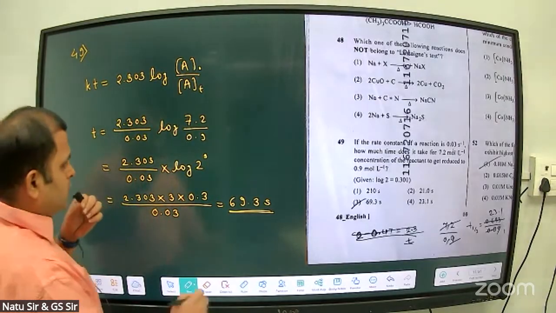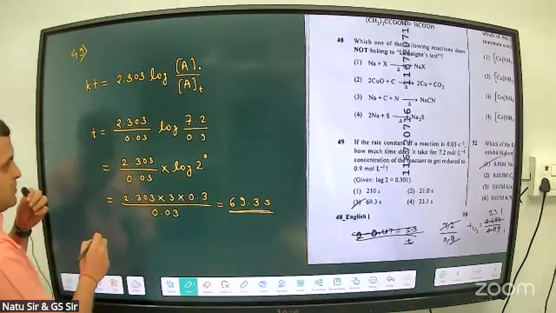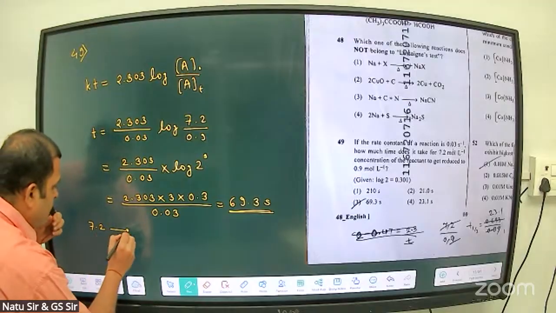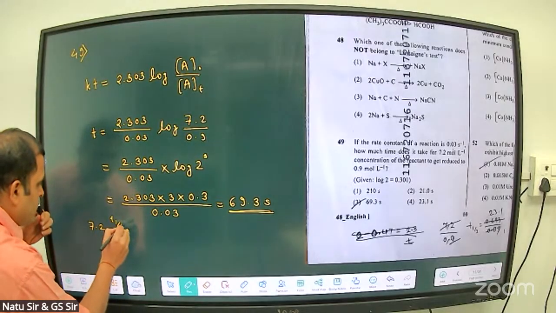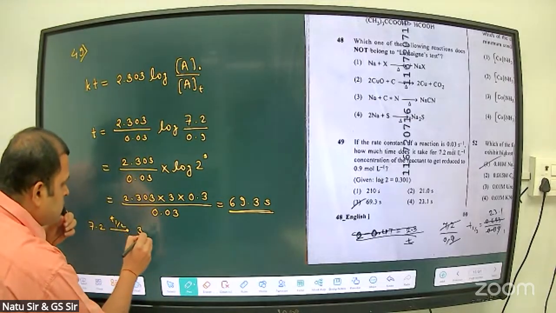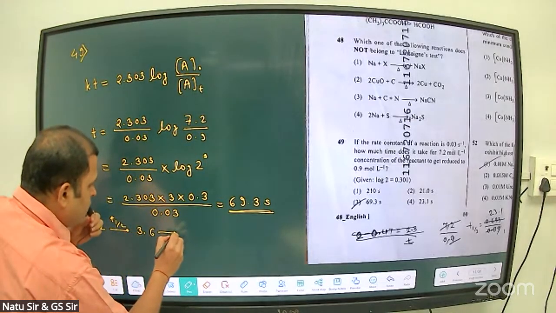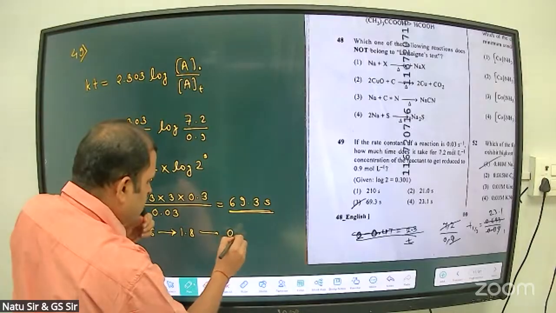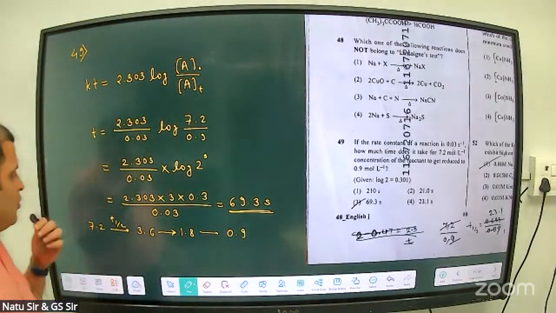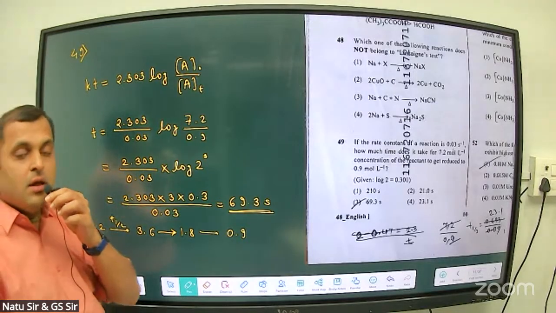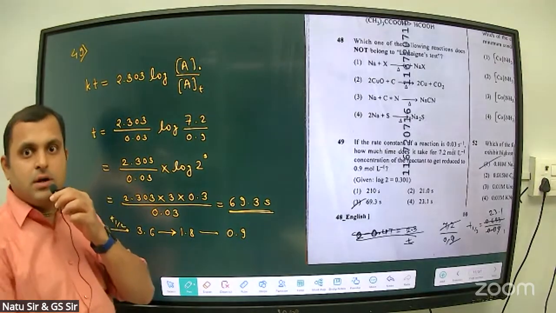Now we have a shortcut method for this also. If you observe carefully, from 7.2 to 3.6 is 1 half life, then to 1.8 is 2 half lives, then to 0.9 is 1 more half life. So overall, 3 half lives are passing. And for a first order reaction, half life is always constant.